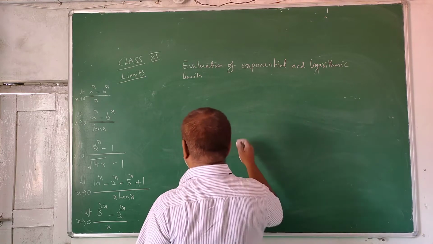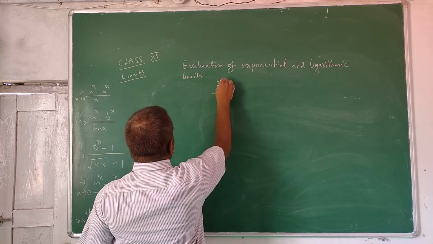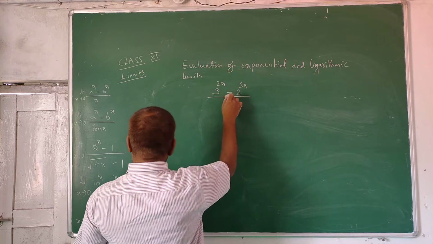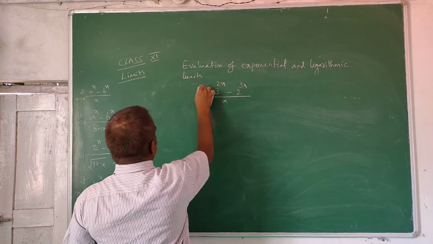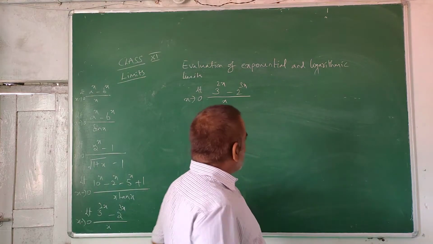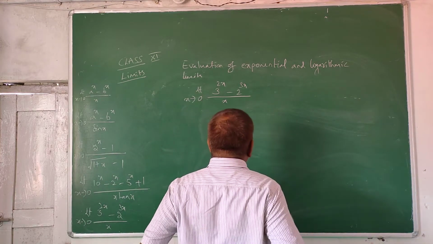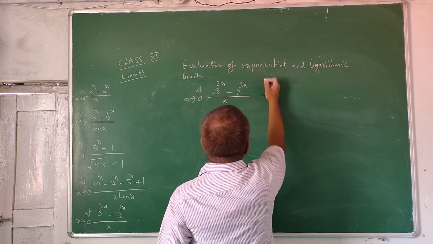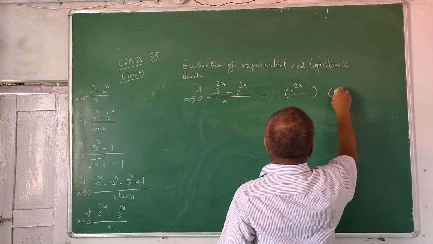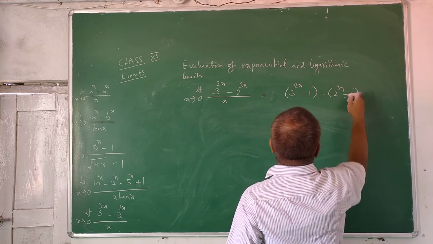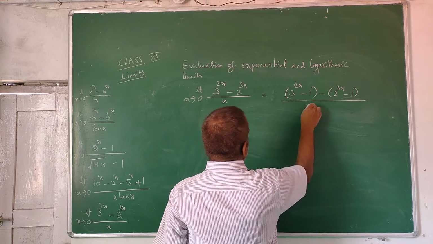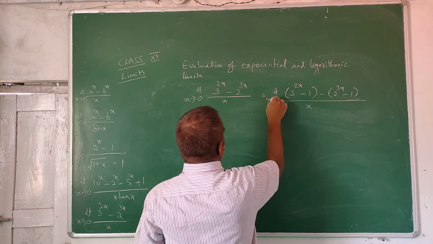So if you go for the next question, 3 power 2x minus 2 power 3x divided by x as limit extends to 0. So again adding and subtracting 1, then you get 3 power 2x minus 1 minus 2 power 3x minus 1, adding and subtracting 1, divided by x as limit extends to 0.